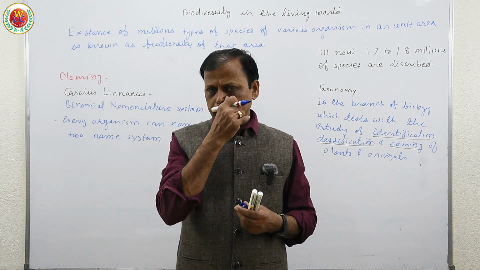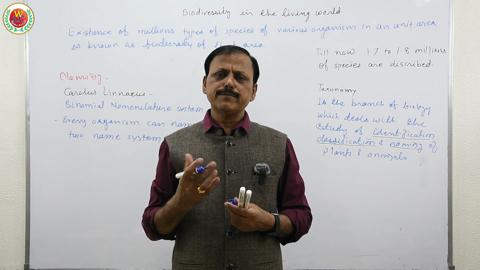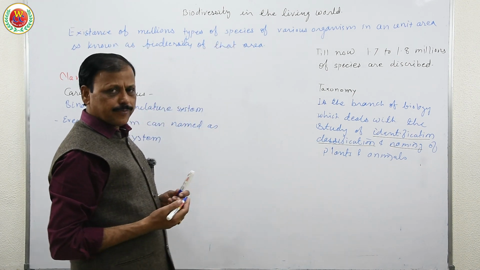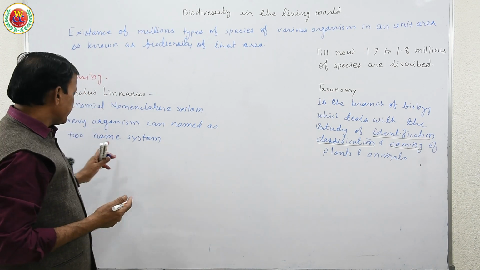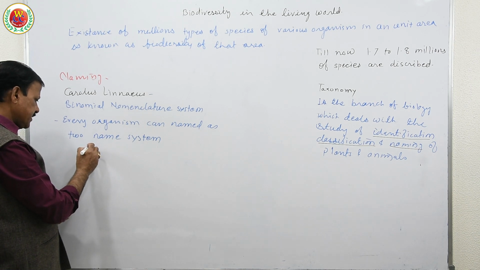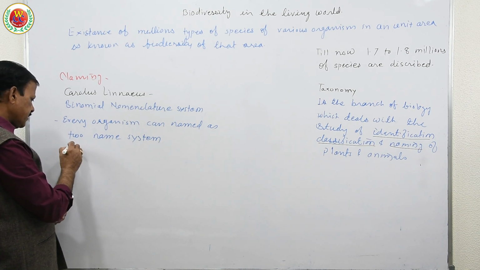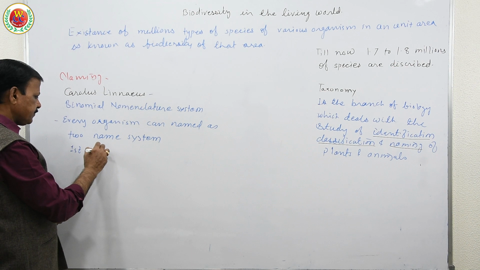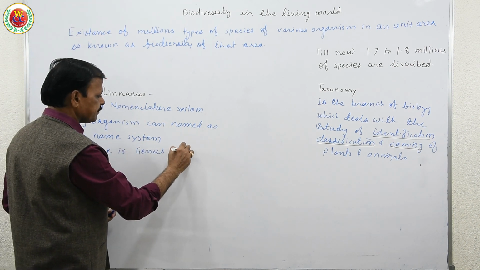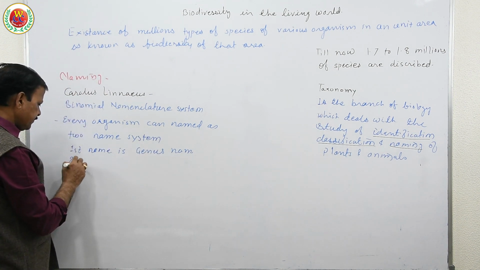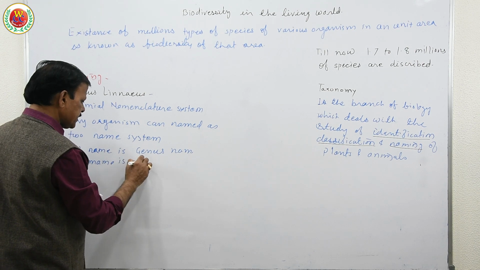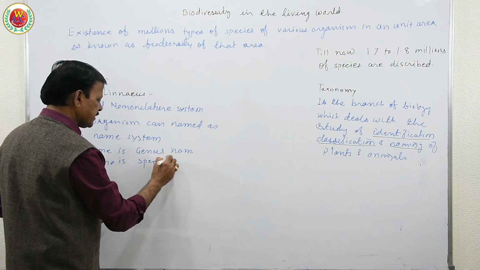For example, take any name, Dansubhai Mansubhai Patel, or Ramesh Ganesh Patil. There we have our name, our father's name and surname. Here in the binomial nomenclature system, there are the genus name and the species name, so it consists of two names. The first name is the generic name or genus name, and the second name included as part of the naming is the species name, or species epithet.